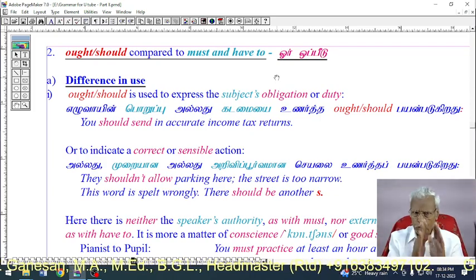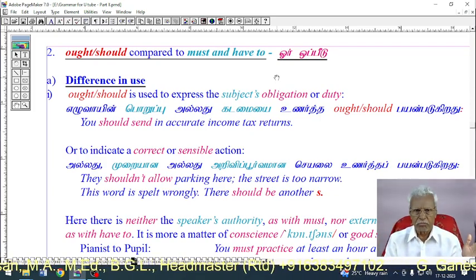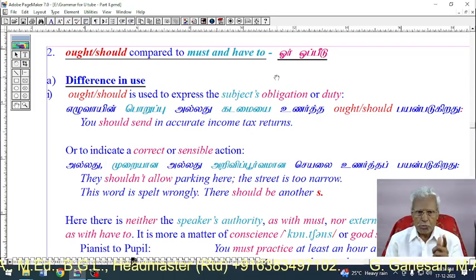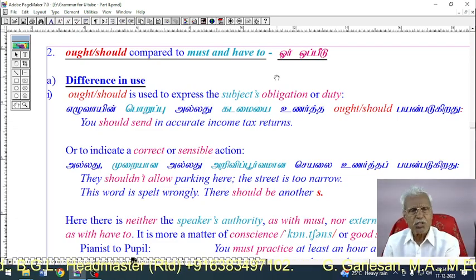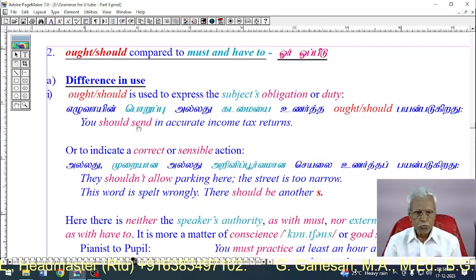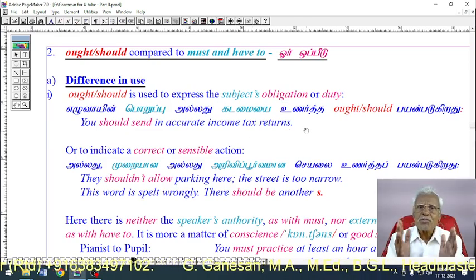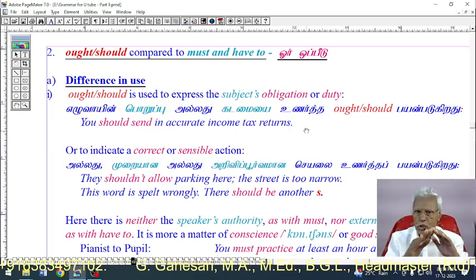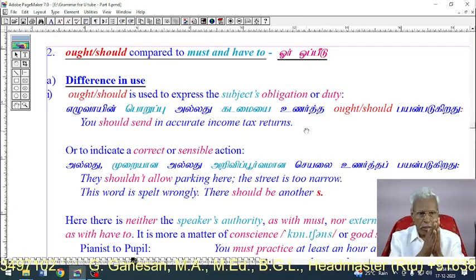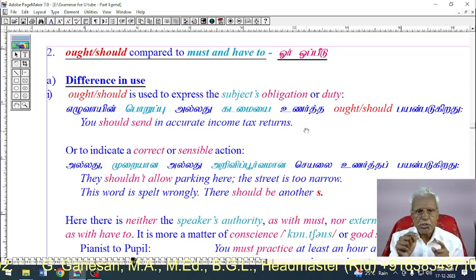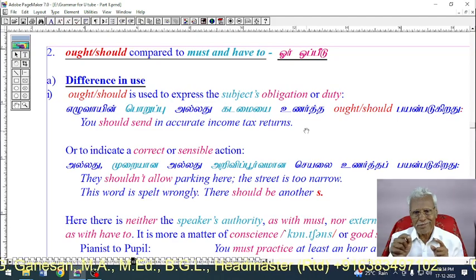Should is used to express the subject's obligation or duty. You should send in accurate income tax returns. That is, it is the obligation or the duty of the subject.